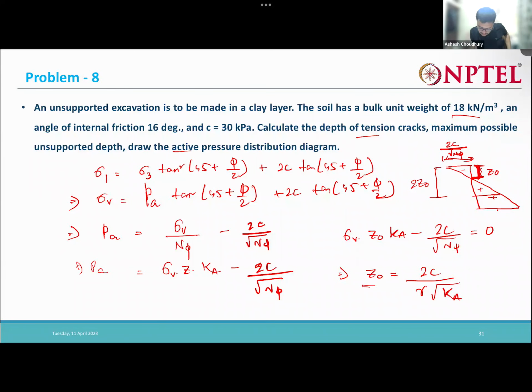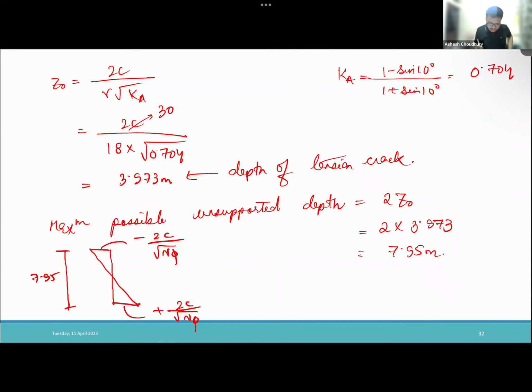Just a second. I will check one thing. So this value, let us find it out. 2 into 30 divided by root over 45 plus 10... So 2 into 30... 34.65.